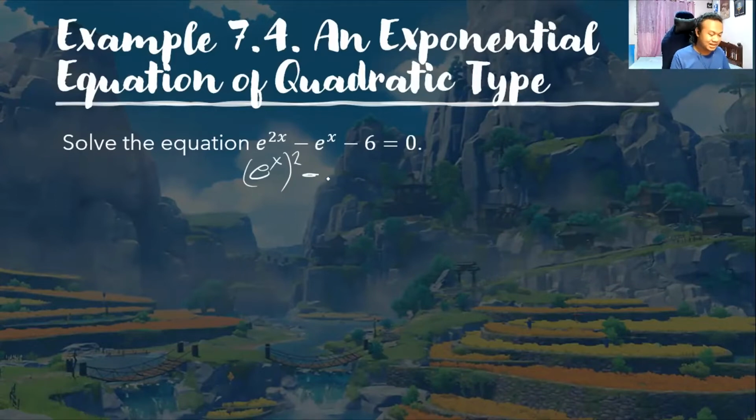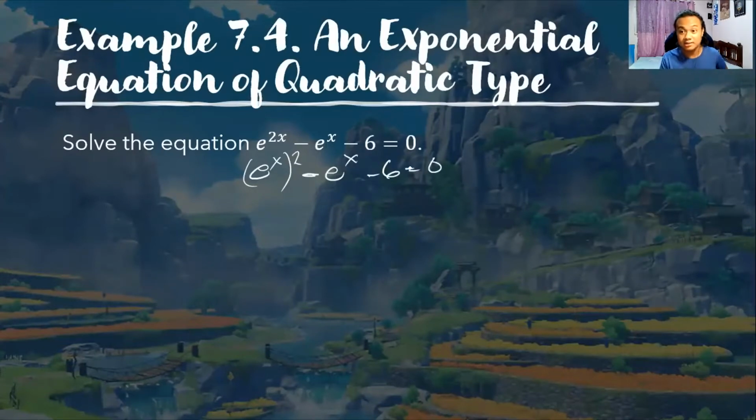Okay, and then e to the x, no? Oh, no, instead of 2x, it can be squared, na siya squared, because we can't solve kung di na siya squared.